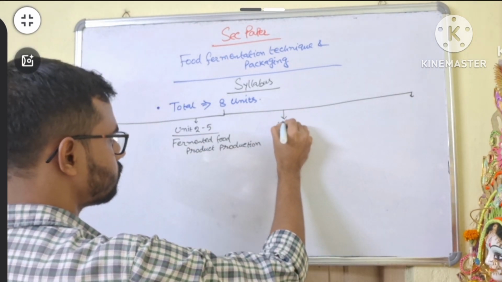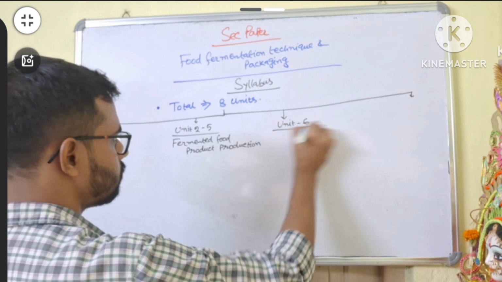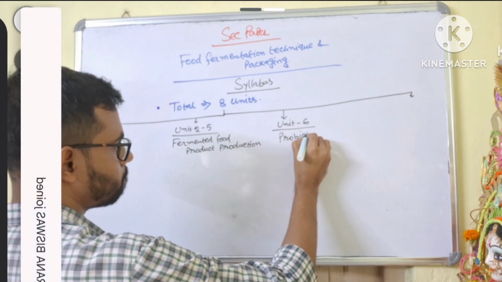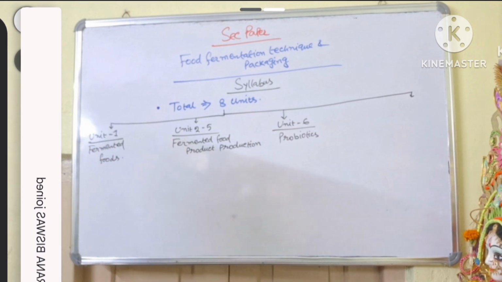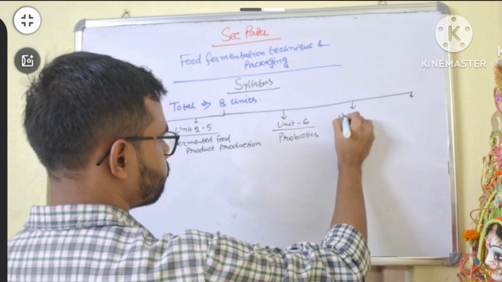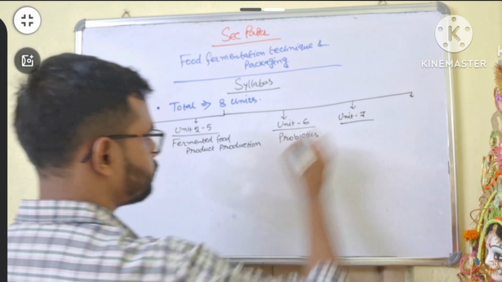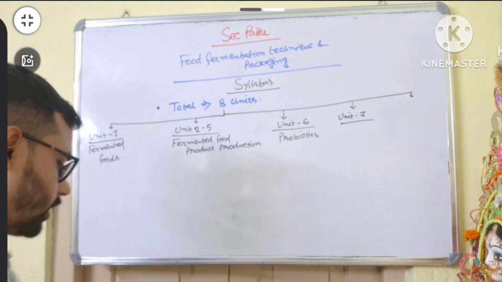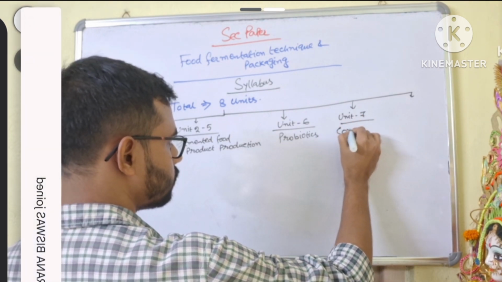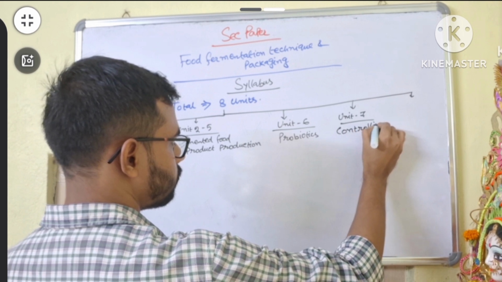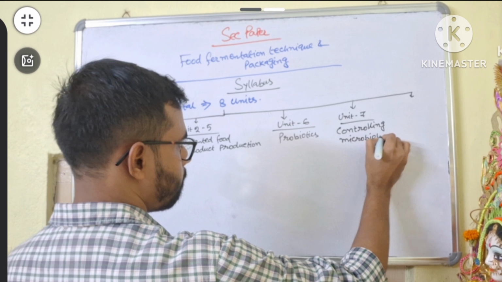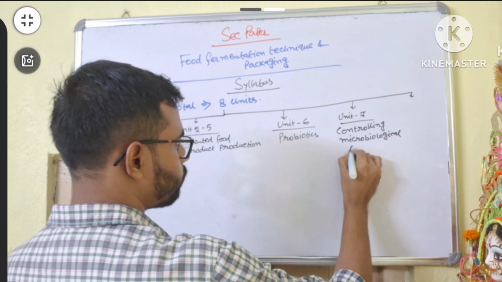Unit 6 contains probiotics. Unit 7 has controlling the microbiological quality of the food products.